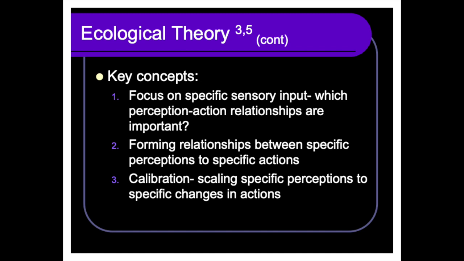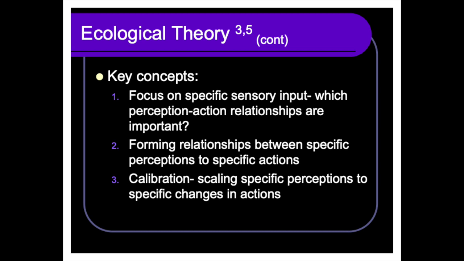As we go back and look at the key concepts of ecological theory, there are basically three main concepts of what Gibson suggests is happening as somebody is using environmental cues. The first concept is that as you are doing a task and learning a task, you learn to focus on very specific sensory input.